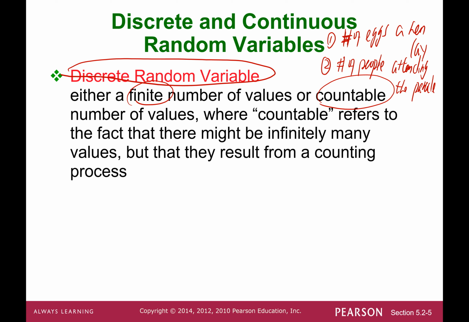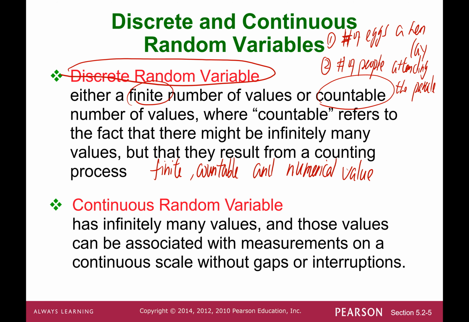So this is what they call a discrete random variable: finite, countable, numerical numbers. Pretty simple language. Finite, countable, and numerical number or numerical value. This is the essence of the discrete random variable.